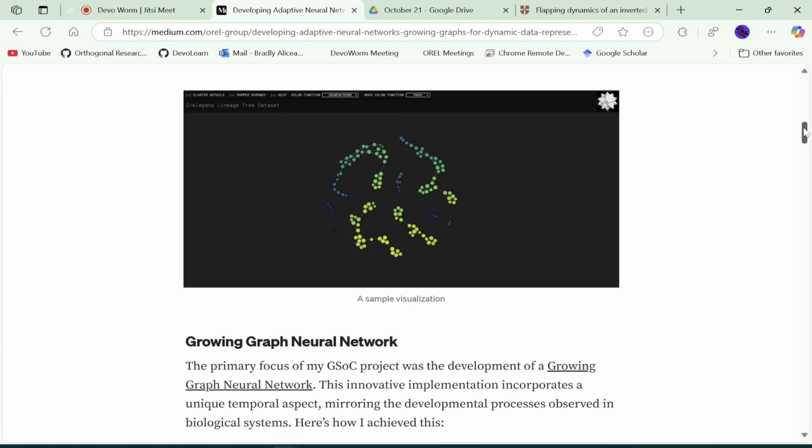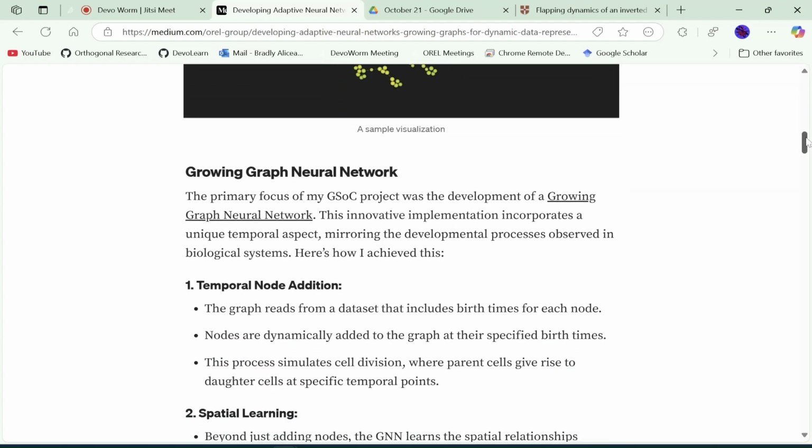That produces this sort of growing graph. If you plot the lineage tree out as a complex network, the number of nodes increases. Basically, there's a doubling of nodes, so you have to readjust the network as that happens. But you also have to visualize that, and that's where this kind of project is useful.